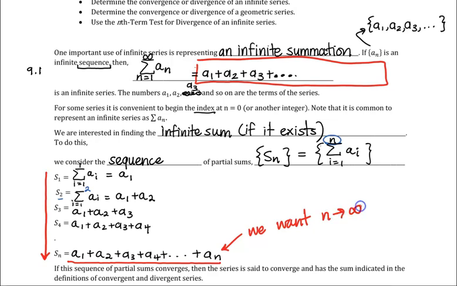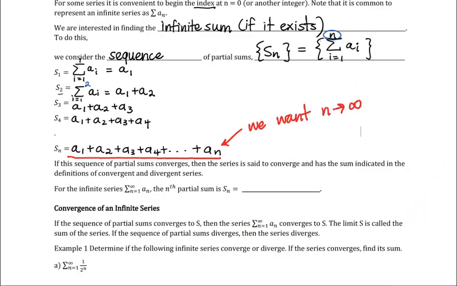Because when n goes to positive infinity, that's how we end up adding infinitely many terms. So if this sequence converges, that tells us that the sum will be convergent, the sum of all of these terms, as n goes to infinity. So we're particularly interested in this expression here.